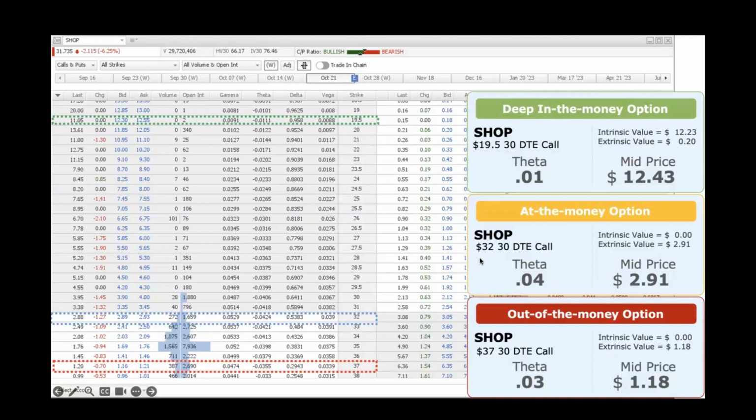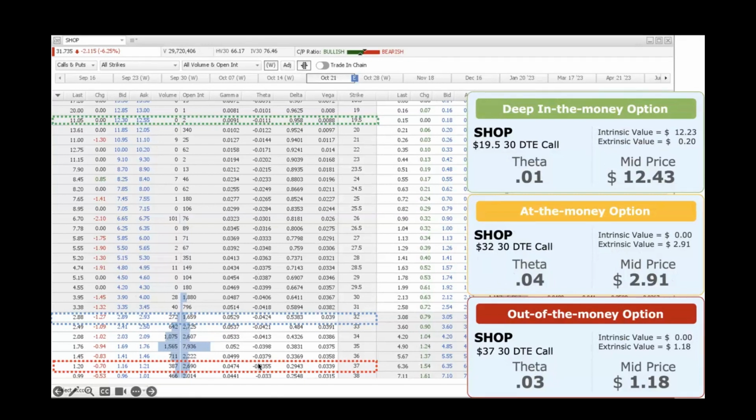And remember, these are 30 days until expiration, so this is going to accelerate as we get closer to expiration. This is all extrinsic value. It's got a theta of 0.04, and then the out of the money actually has less theta. So hopefully you've noticed that theta is actually centered around at the money options.